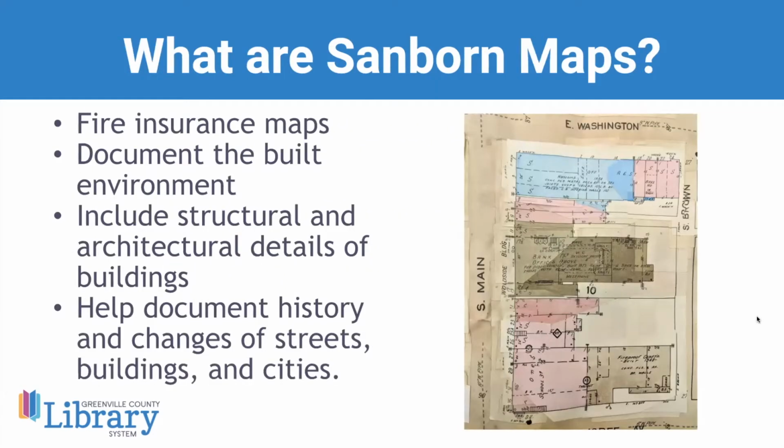I do want to talk a little bit about a few specific examples. I chose these because they are ones we frequently use in the South Carolina Room, and also ones that we have a lot of. Some are readily available online for free, and some we also have in our collection that you can view in person too.